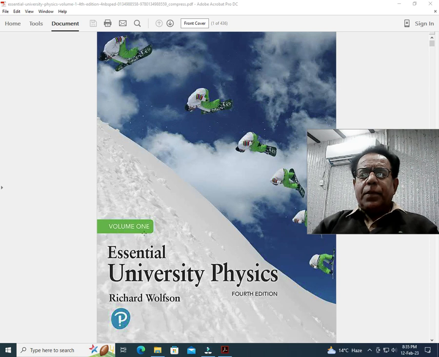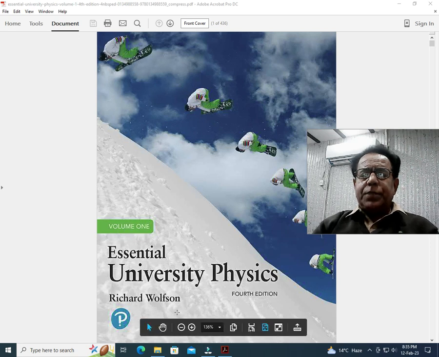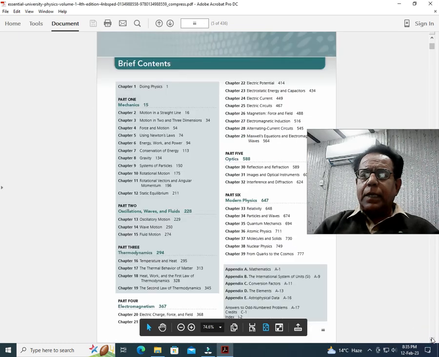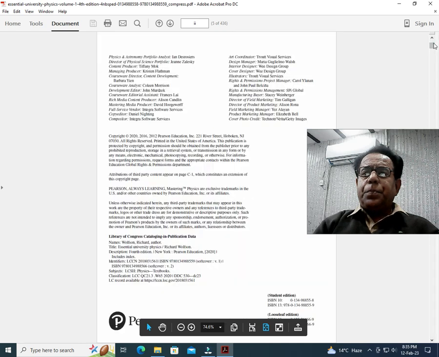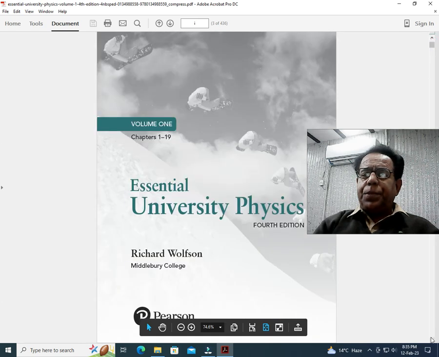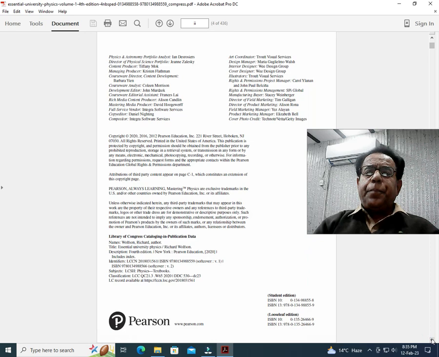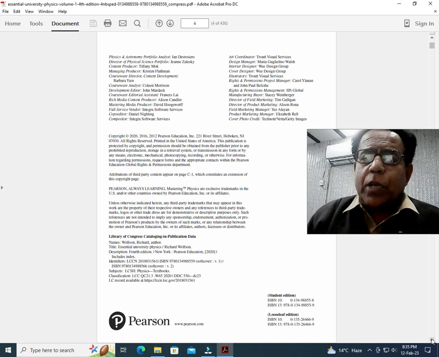Volume 1, Essential University Physics, Richard Wolfson, fourth edition, Pearson, 2020. This was published in the year 2020.